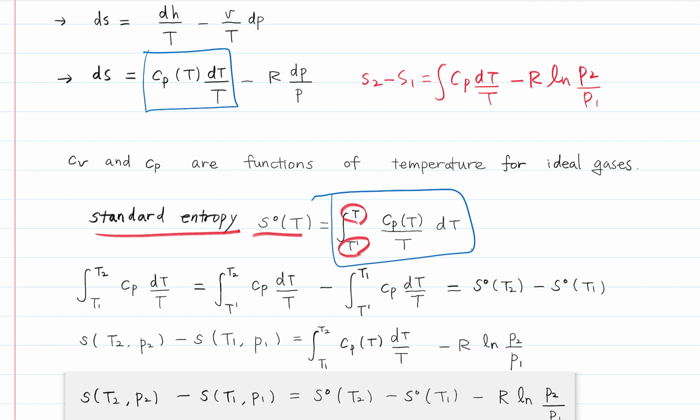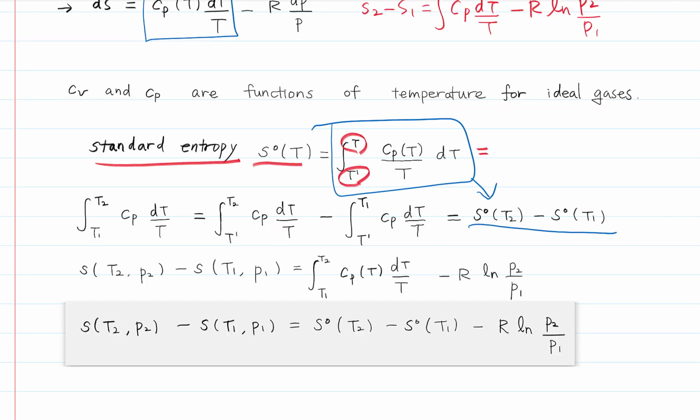So this term becomes S degree at T2 minus S degree at temperature T1, because this is the integral from T1 to T prime of Cp(T) dT plus the integral from T prime to T2 of Cp(T) dT.